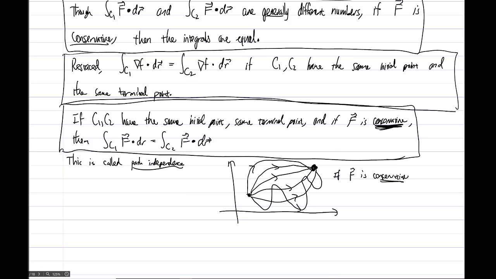again, key requirement, then the line integral of f over any of these paths, now keep in mind all these paths start at the same point and end at the same point, give the same number.